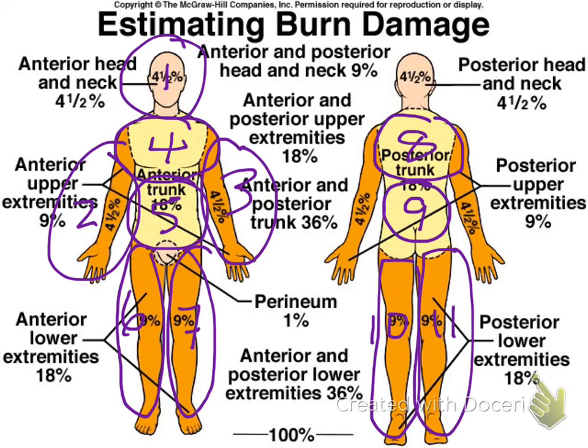So there are your 11 regions, and each of those regions is 9%, and then the genital region is 1%. They all add up to 100%.